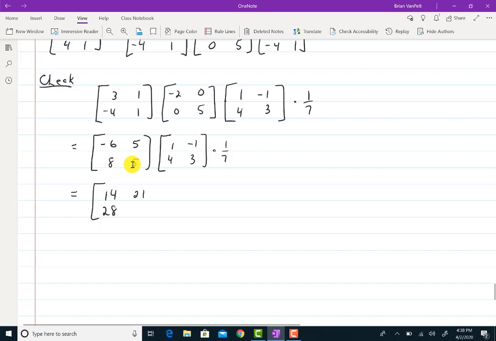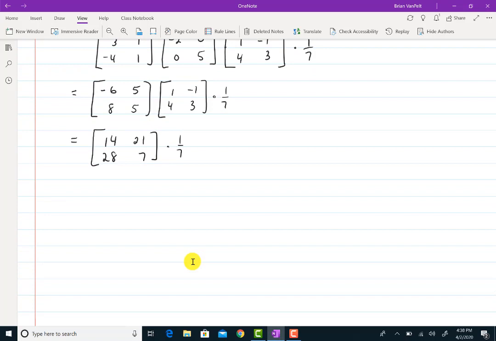And then finally, 8 times negative 1 will be negative 8. Plus 15 will be 7. Of course, when you multiply by 1/7 on the outside, you divide every entry by 7. So I get 2, 3, 4, 1, which of course is the original A that we started with.